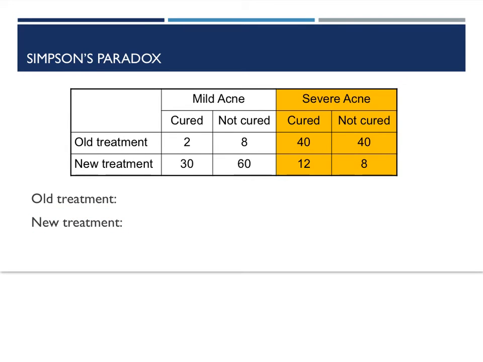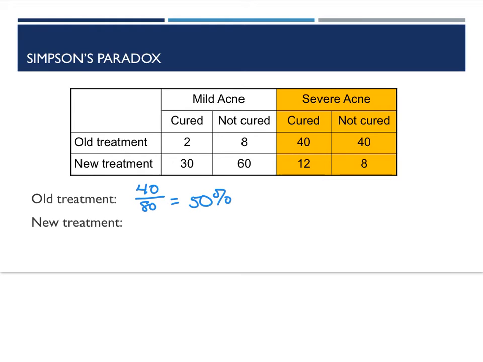What if now I focus my attention just on the people who had severe acne? With the old treatment, 40 people were cured out of 40 cured plus 40 not cured makes a total of 80 people. That's a 50% cure rate.